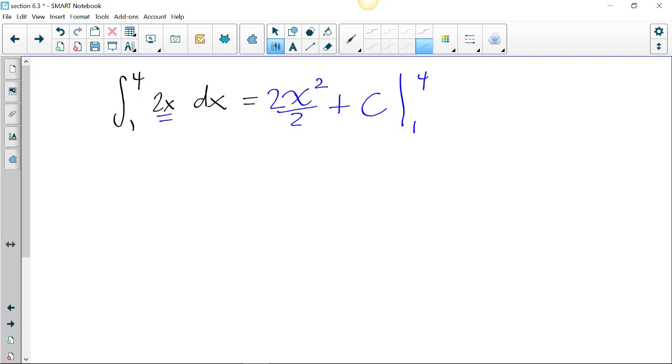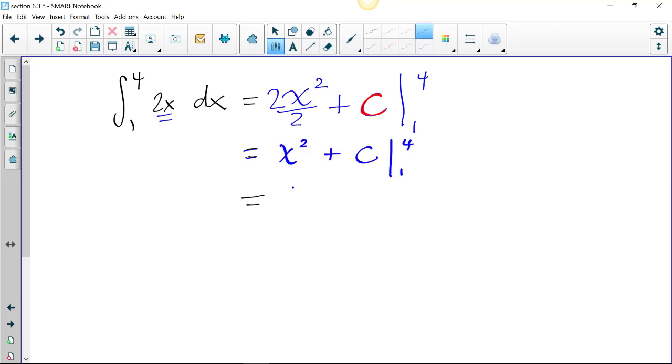And then here's 1 to 4. I'm going to include the c this time because I want you to see what will happen. So these 2's will divide out, and I basically end up with x squared plus c from 1 to 4.